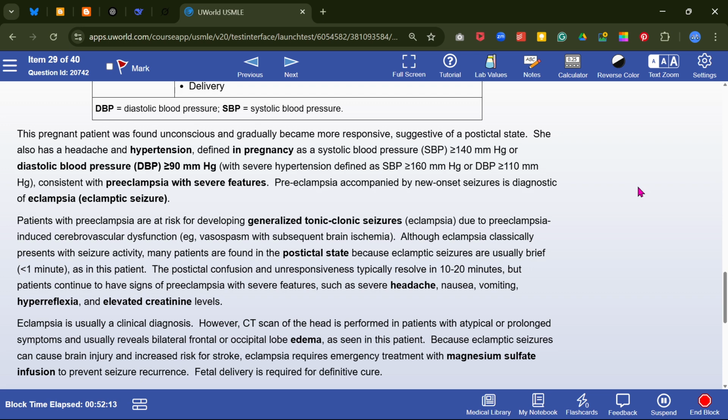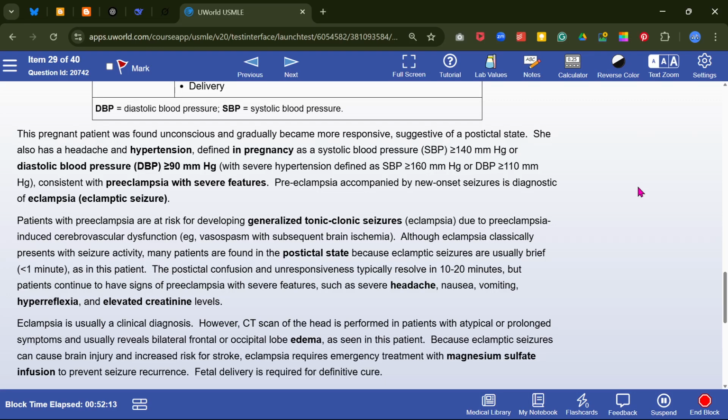As in this patient, the postictal confusion and unresponsiveness typically resolve in 10 to 20 minutes, but patients can continue to have signs of preeclampsia with severe features such as severe headache, nausea, vomiting, hyperreflexia, elevated creatinine. Eclampsia is a clinical diagnosis.